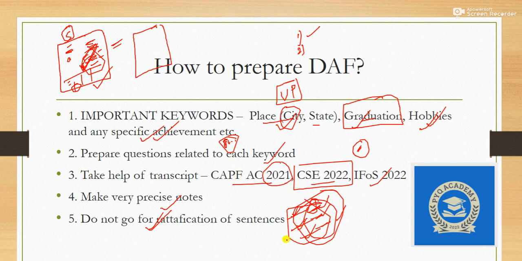Suppose they ask in English and you are not able to express yourself in English, then simply ask, sorry sir, can I explain this in Hindi? I will be able to explain it in a better way. See, they are very lenient, they will allow you. Sometimes it may happen that the interview started in Hindi, and they asked some concept of engineering, and you are not able to express it in Hindi.